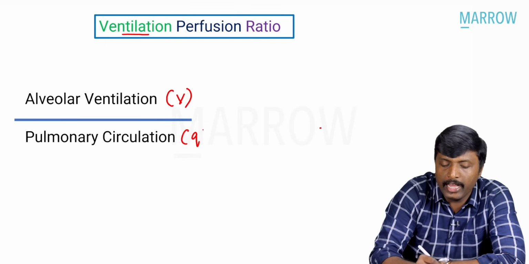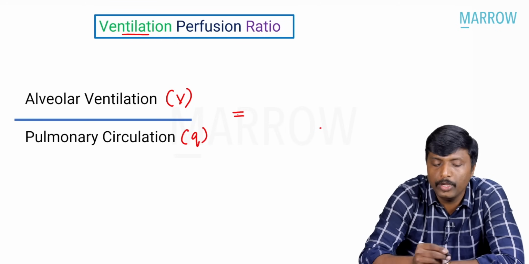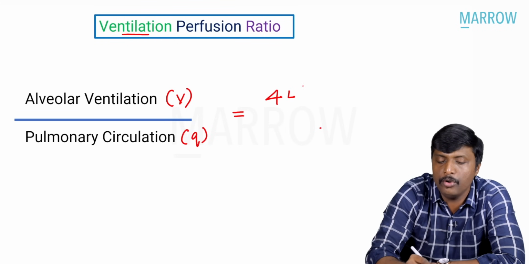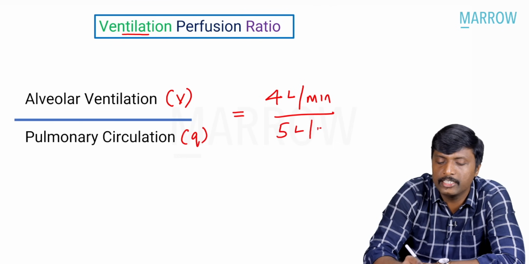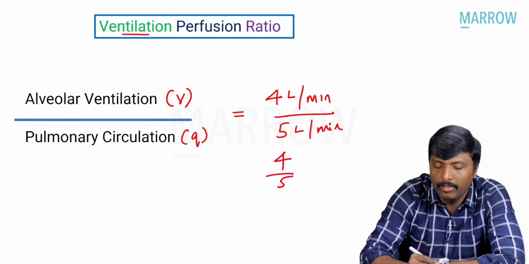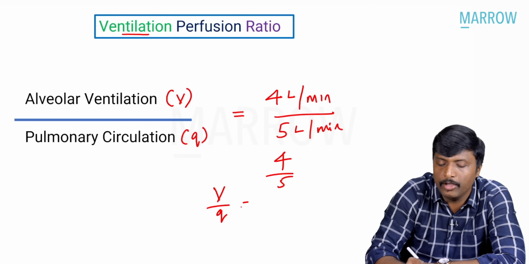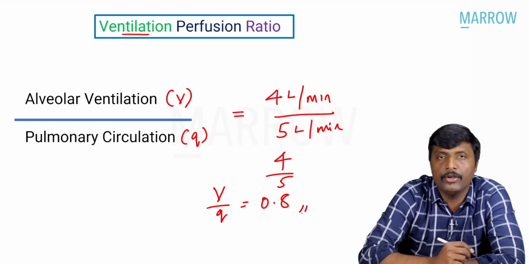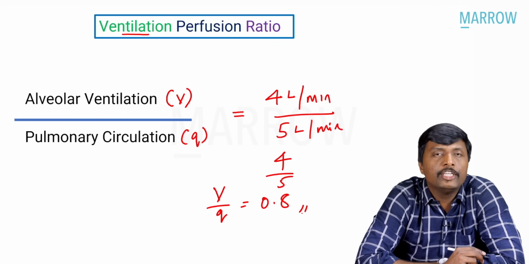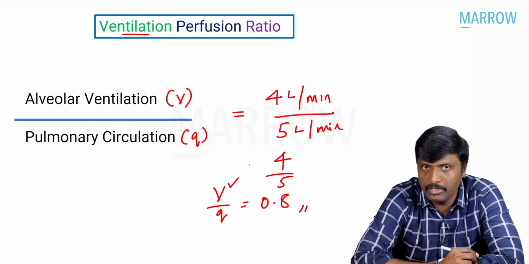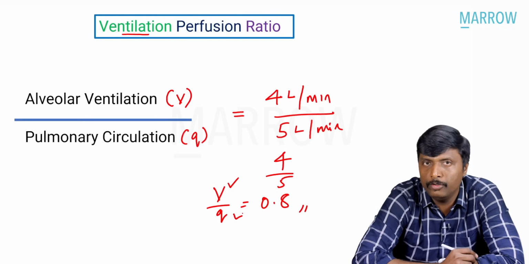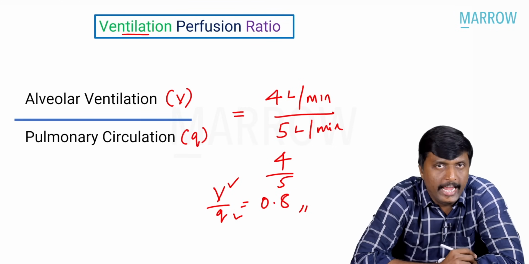Perfusion we denote as Q. That is why it is 4 liters per minute divided by 5 liters per minute. Essentially, it is 4 by 5. The normal VQ ratio we always consider 0.8. Okay. The normal VQ ratio is 0.8. Numerator is ventilation, denominator is perfusion, VQ ratio 0.8.